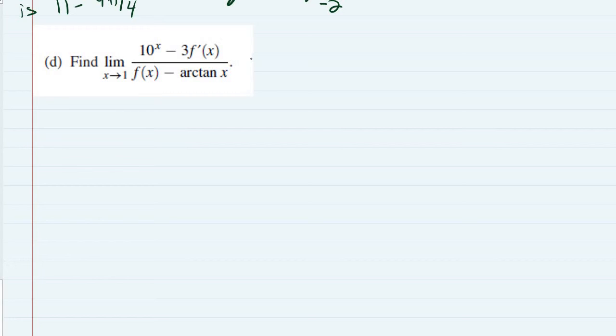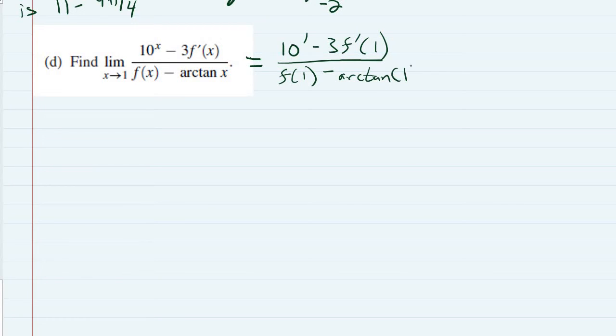That's the first thing that we try when evaluating this. So I'm going to try direct substitution. I get 10 to the 1 minus 3 f prime of 1 all over f of 1 minus arctan of 1.